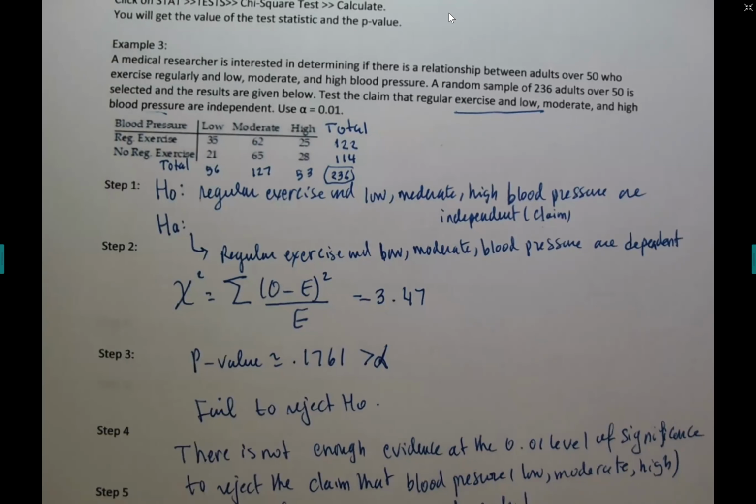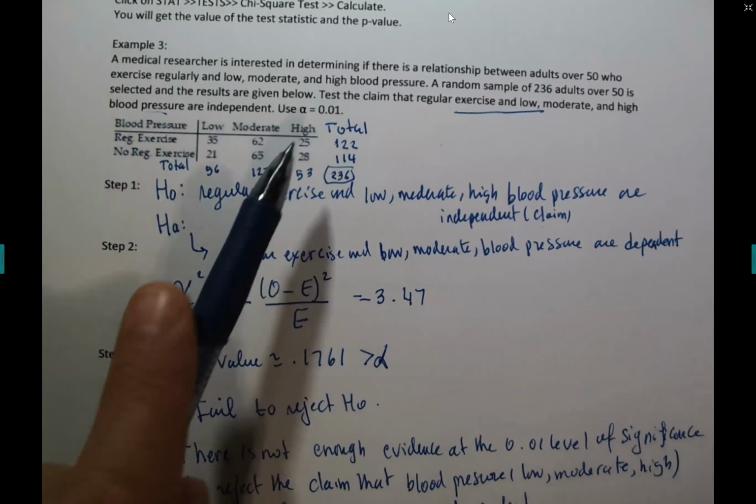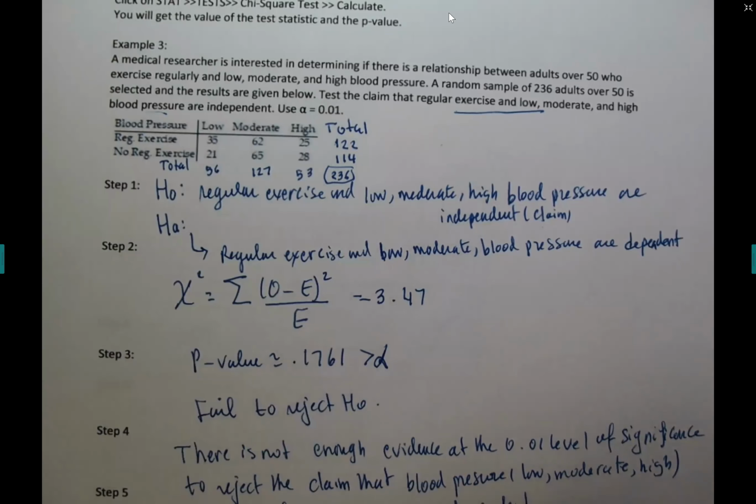It doesn't impact. That's what we could not reject the claim. So probably we have to pick a different sample because a lot of people believe that regular exercise does impact blood pressure, but maybe not for people over age 50. So remember this, it says people over age 50. So there is not enough evidence to reject the claim. We cannot reject the claim that the blood pressure and regular exercise are independent.